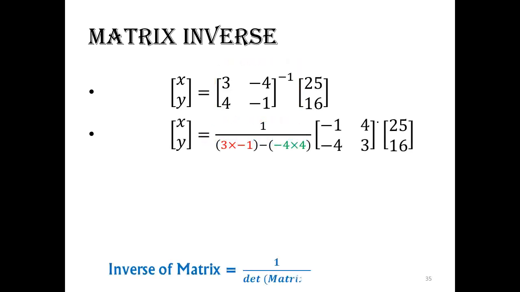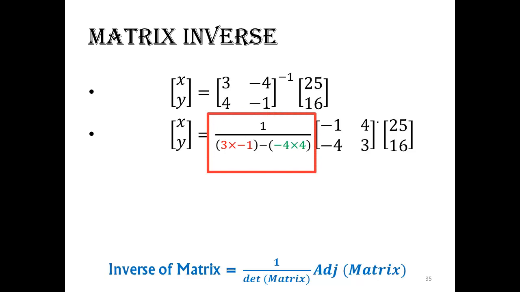The formula for the inverse of the matrix is 1 over the determinant of the matrix times the adjoint of the matrix. And this part in the rectangle is basically 1 over the determinant of the matrix. The determinant of the matrix can be calculated by multiplying these entries minus the product of these entries.